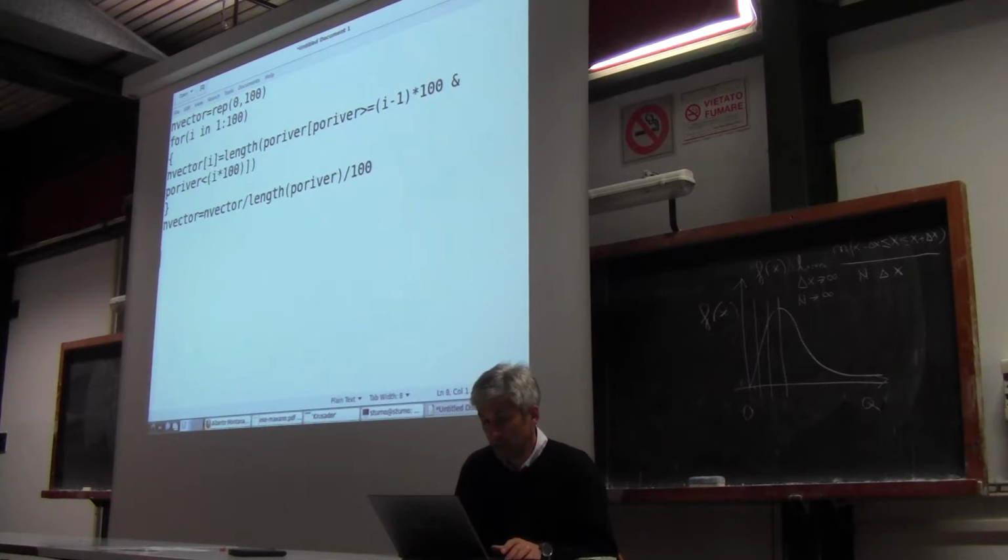This is the text file that I used before, and let's define a vector of annual maxima.